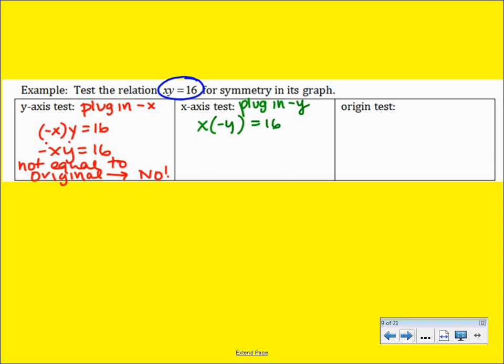It's x times negative y. Simplify that. What do we get? Negative xy equals 16. Is that exactly the same as what we started with? No. So is it x-axis symmetry? No.